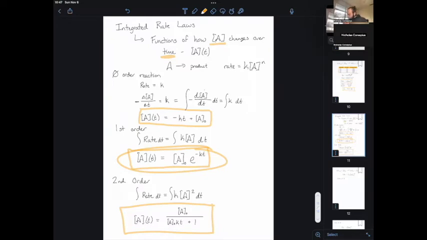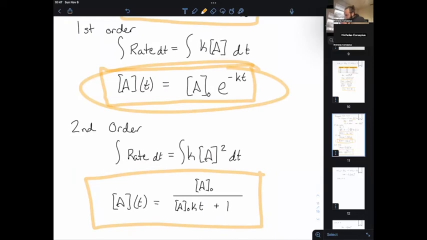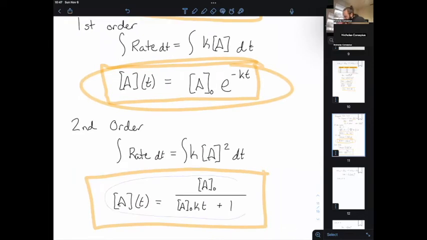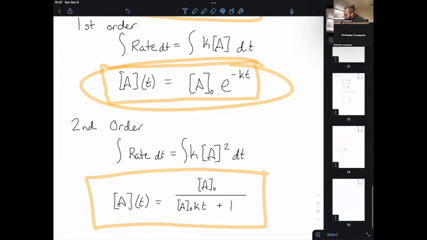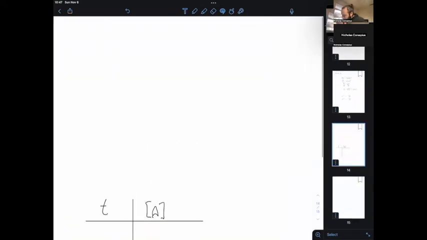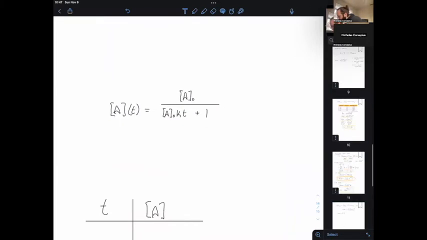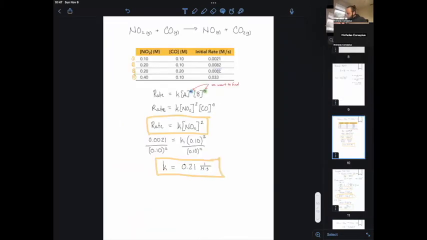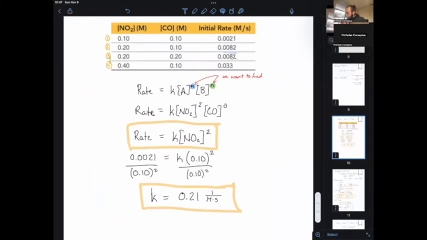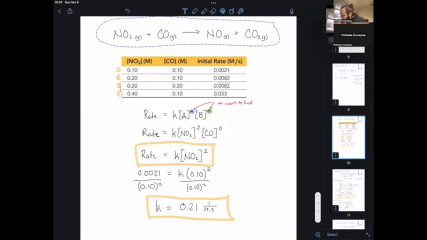All right, and so let's sort of illustrate how we can use this function here for our second order reactions. So let's put down this equation here, and we're going to do it for the second order one, right? Because that's what we just did a bunch of work to figure out for this particular reaction. So we have this particular reaction, copy that over.